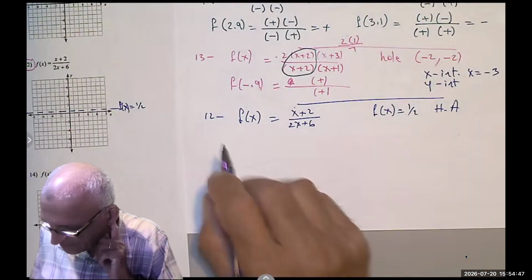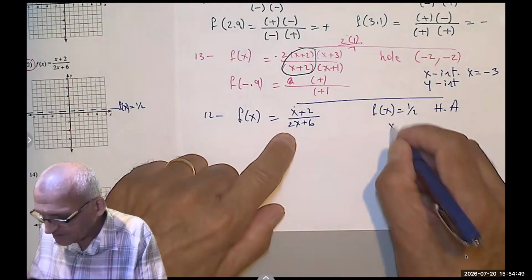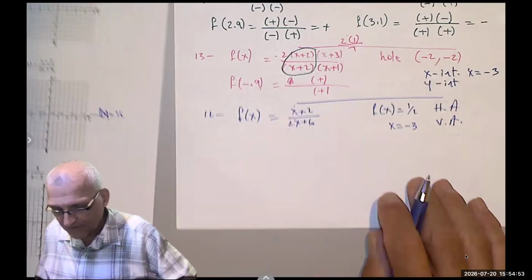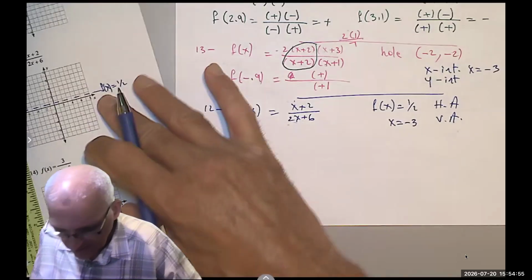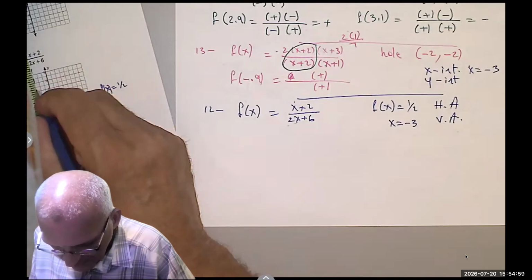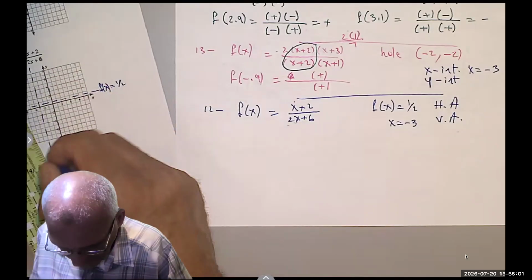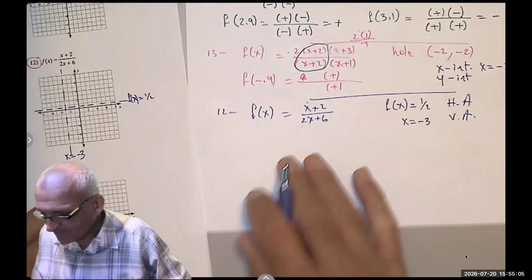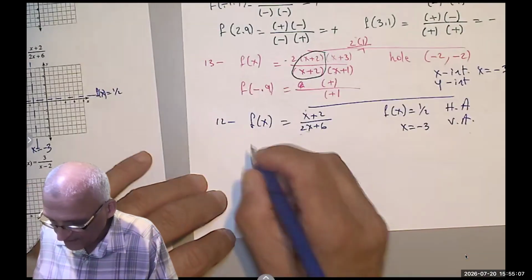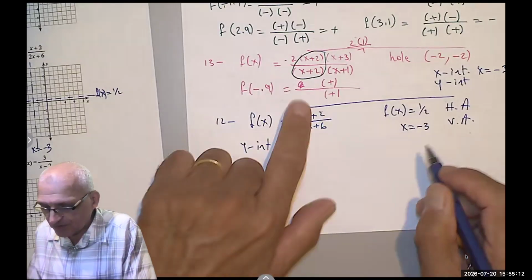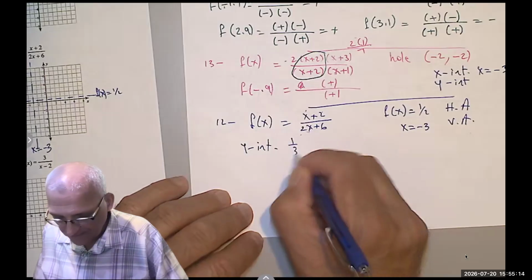Okay, how about vertical asymptote? Well, x equals -3 is a vertical asymptote because that's what makes this equal 0. So x equals -3. I have 4 areas. I need to find the y-intercept, which is when x equals 0, so you get 1/3.